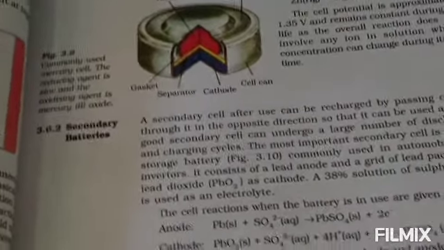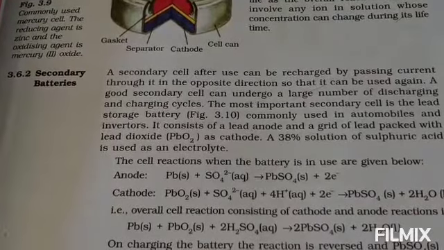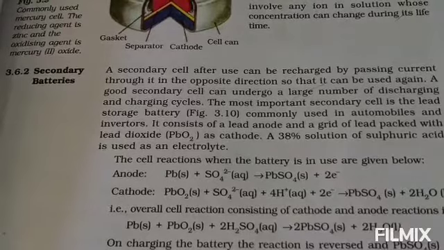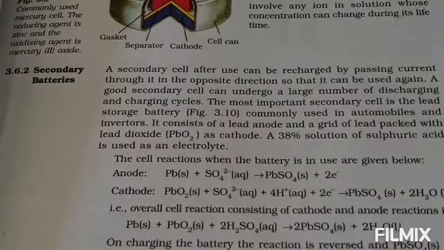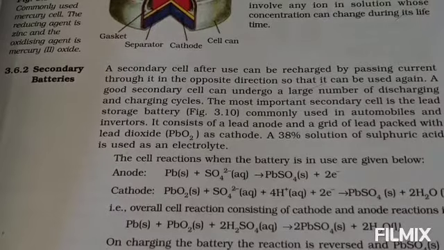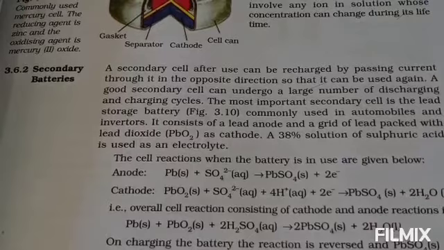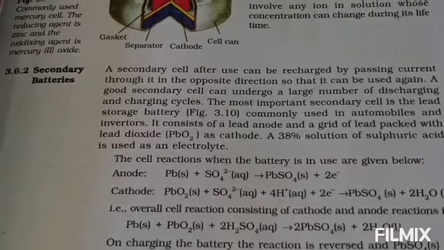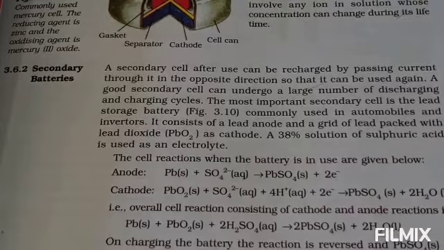The most important secondary cell is the lead storage battery. It consists of a lead anode and a grid of lead packed with lead dioxide acting as the cathode, and a 38% solution of sulfuric acid is used as the electrolyte.